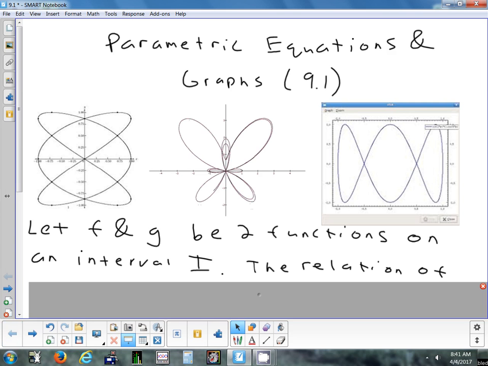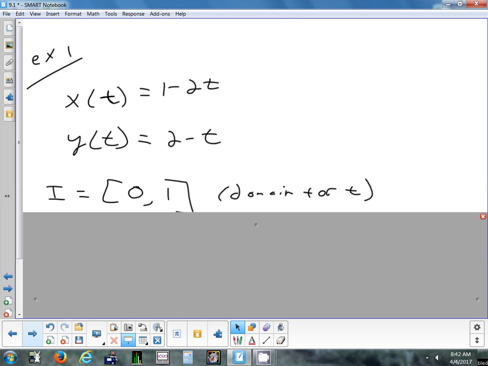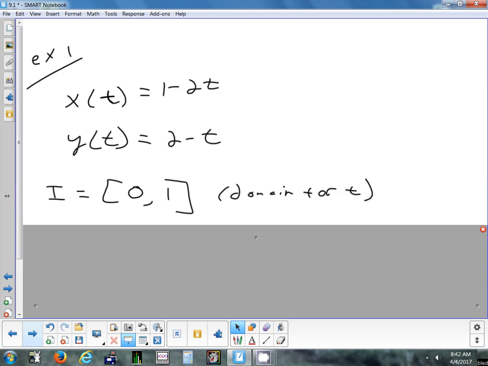Since you have two functions, that's what I've started out with here. Let f and g be two functions. One of these is going to describe what happens to the x values. A different one describes what happens to the y's. You don't have to call them f and g. Any two letters is fine. And those two functions work on what's called an interval. Just to show you an example, the interval for this problem is 0 to 1.